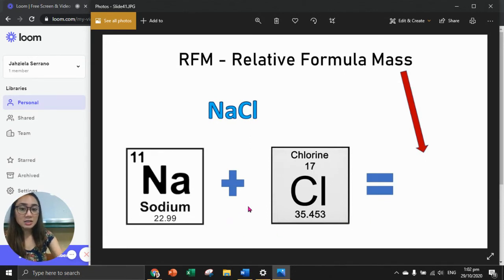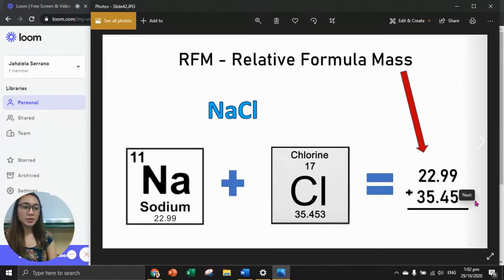So, in our case, we have 22.99 plus 35.5. So you can compute on your own. I'll give you time. And you can also pause this video then. So the answer is 58.44. So that is your relative formula mass.